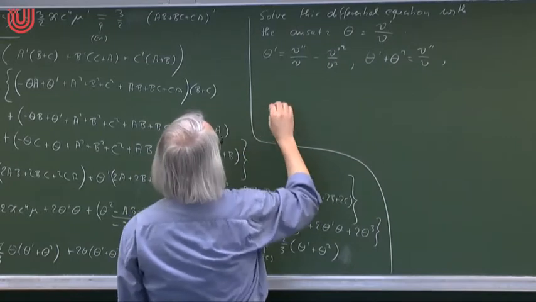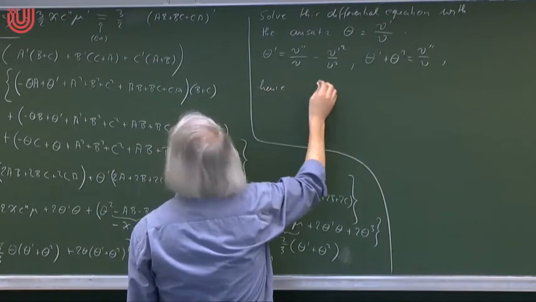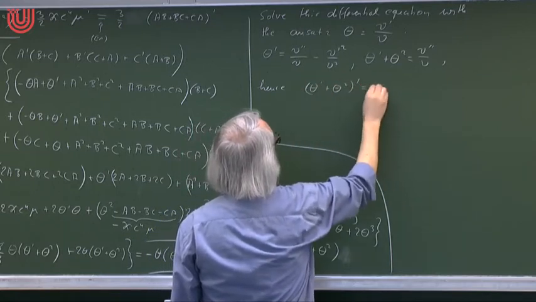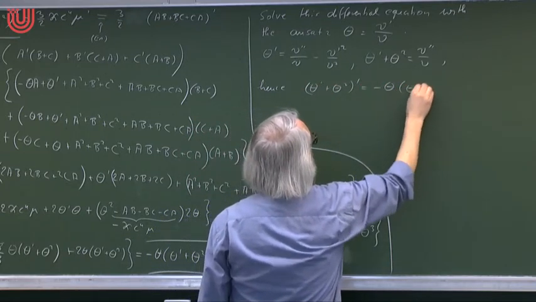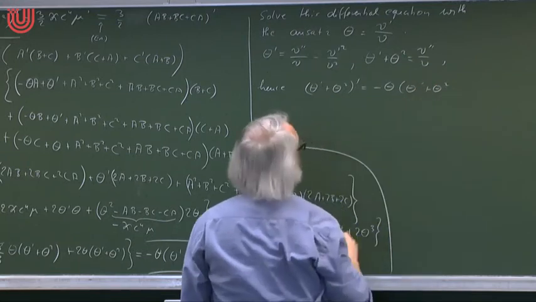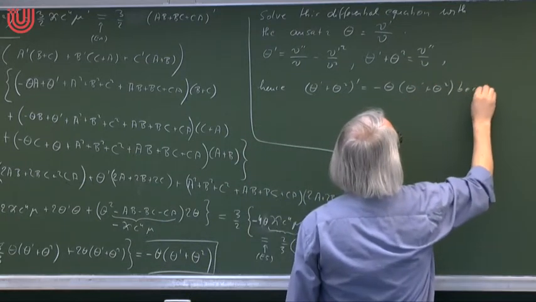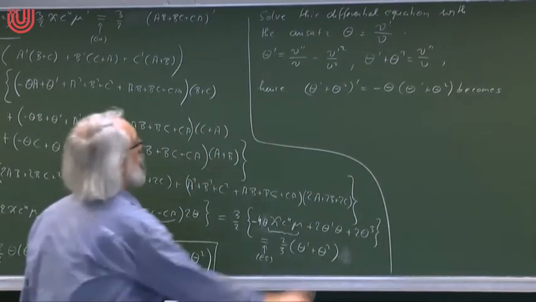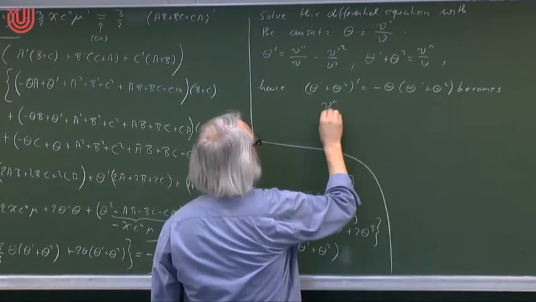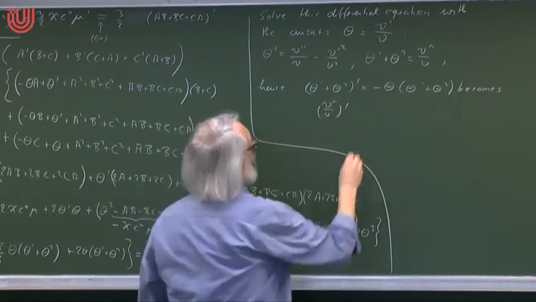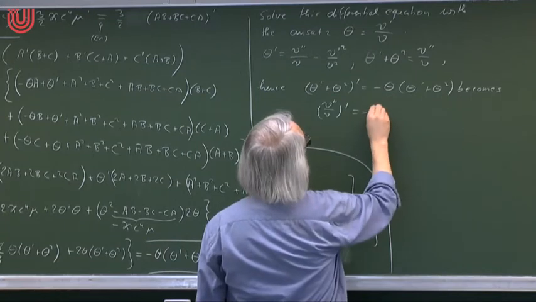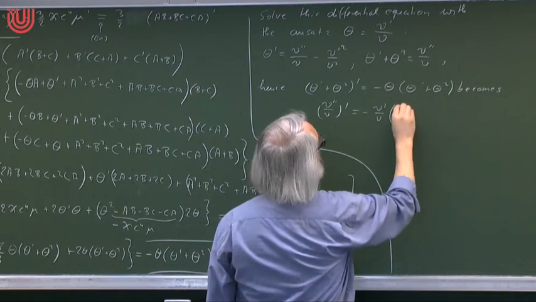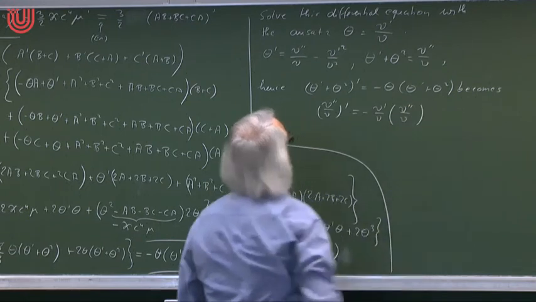So our differential equation, which was theta prime plus theta squared prime, is minus theta prime plus theta squared. So what comes out of this? Theta is v prime over v, and theta prime plus theta squared is v double prime over v.